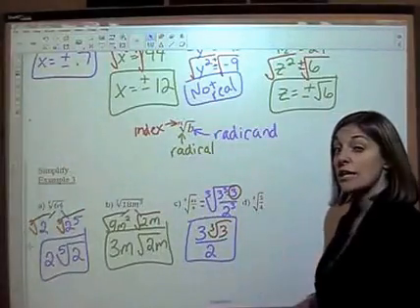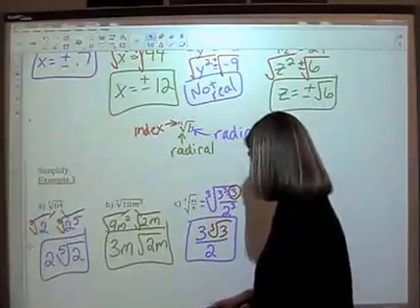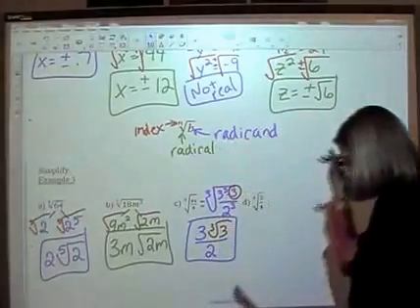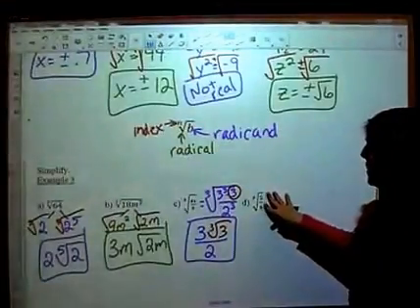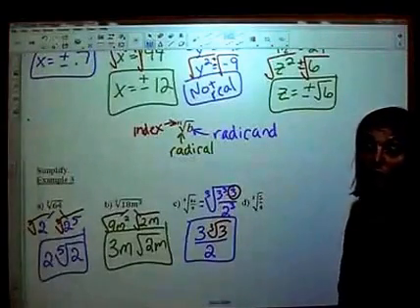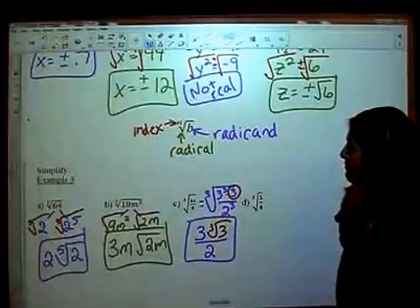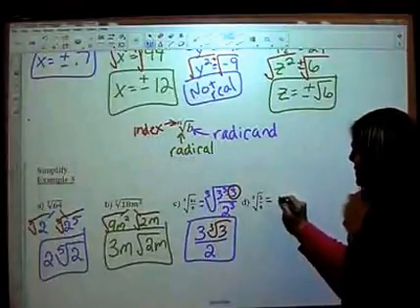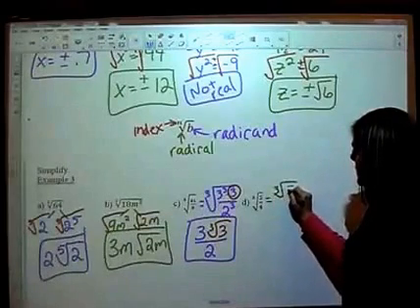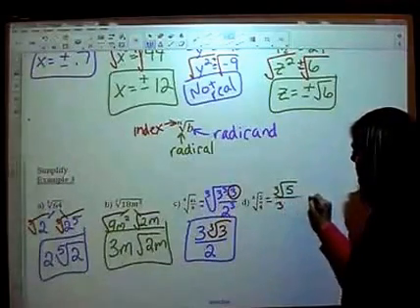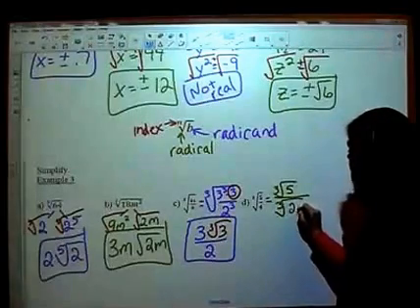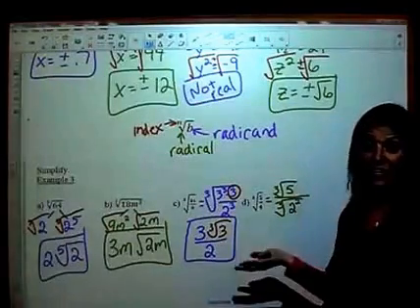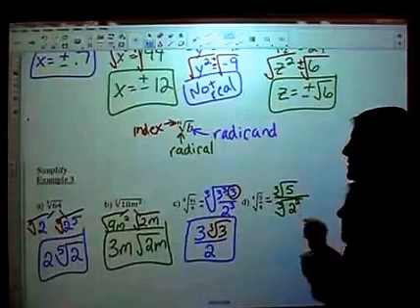Now let's take a look at D. Part D, we can't take a cube root of 5 or a cube root of 4, but if we look at the prime factorization, the 5 stays the same, but the 2 is raised to the second power.